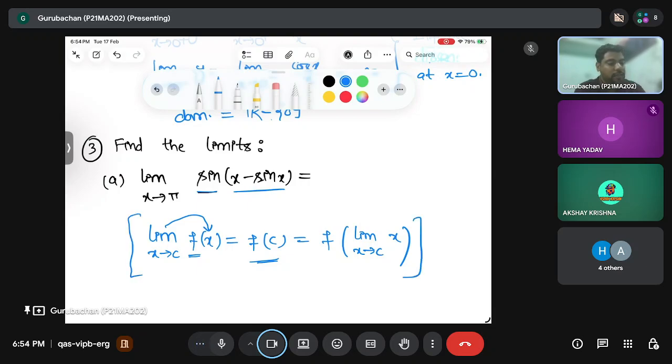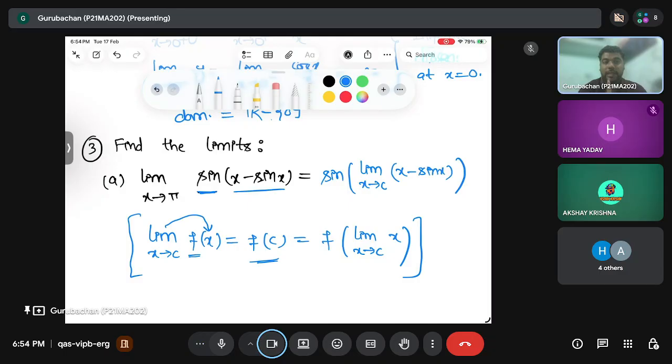Now here sin x is a continuous function. So that means to calculate this limit, what you have to do? Take the limit inside the sine.